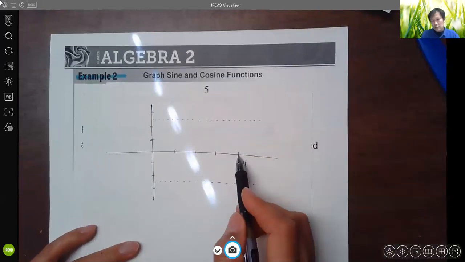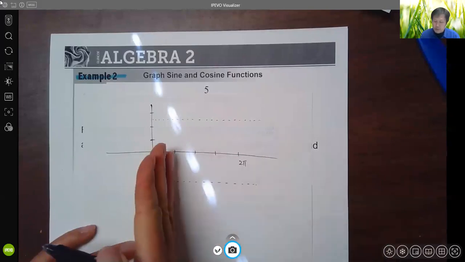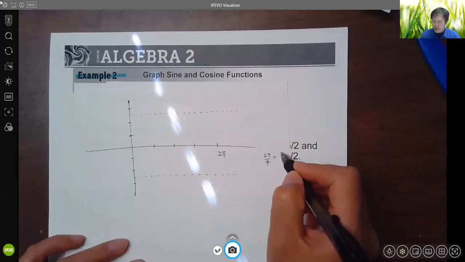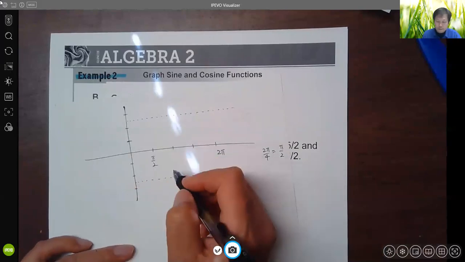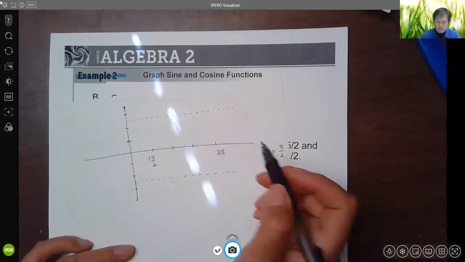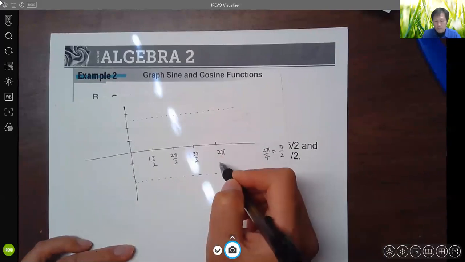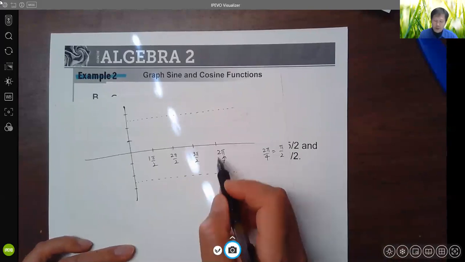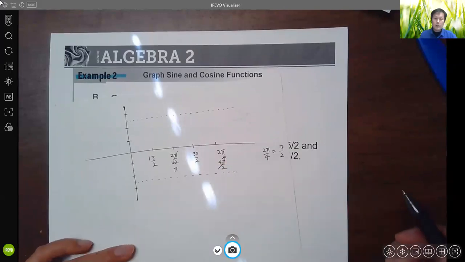So that's the fourth tick mark, which is 2 pi, and you need to divide that period into 4 pieces. So 2 pi divided by 4 becomes pi over 2. So this will be pi over 2. Pi over 2 is the same as 1 pi over 2, 2 pi over 2, 3 pi over 2, 4 pi over 2. Again, 4 pi over 2 is simplified to 2 pi. 2 pi over 2 is simplified to pi. Then we are ready.